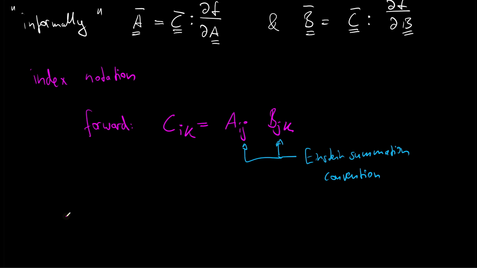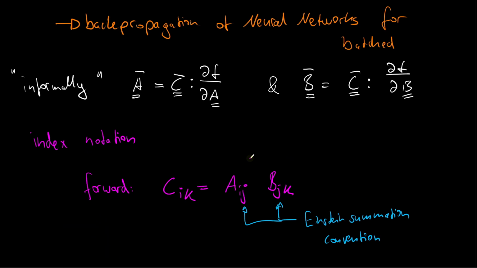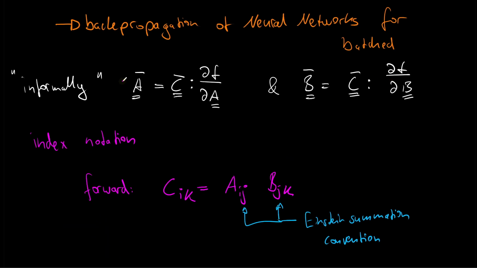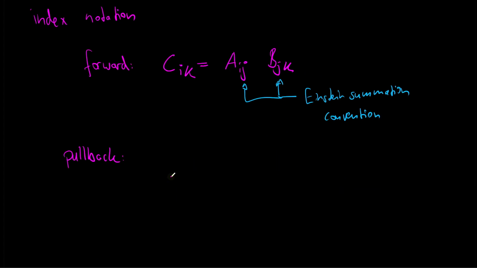Okay, then let's express the pullback also in index notation. And here we have two different pullbacks, one for the first input A and one for the second input B. So we will have A, and let's also give that some indices, let's say mn, and give it a bar here. And this one will be given as C bar_ik multiplied with the derivative of C_ik with respect to A_mn.